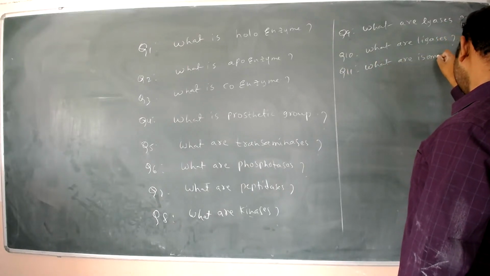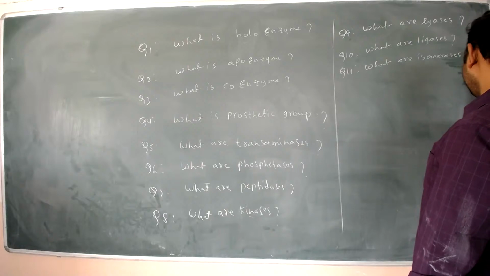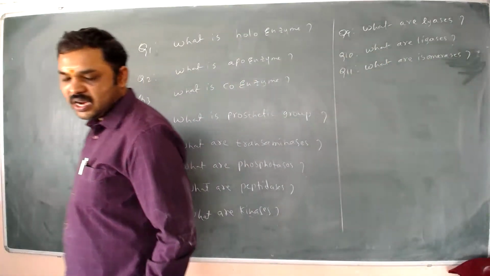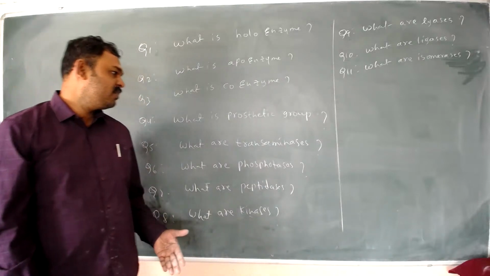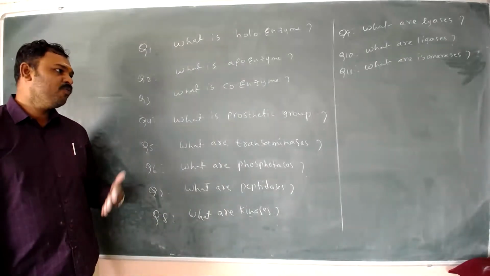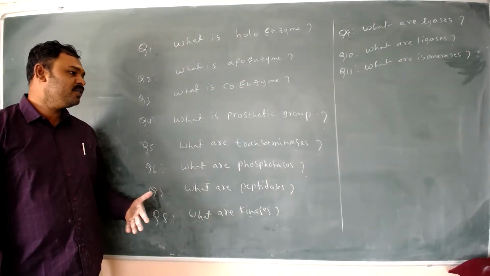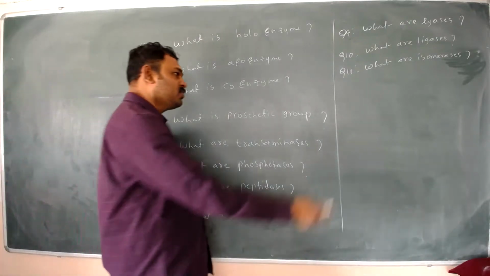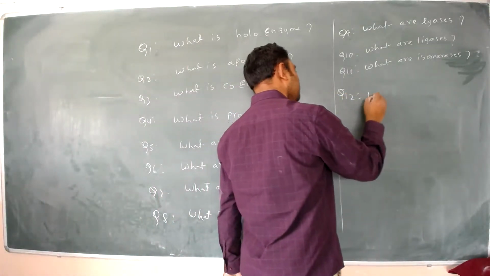Like this, these are the assignment questions on enzymes. What is prosthetic group? What is coenzyme? What is apoenzyme? What is holo enzyme? And one more thing, the last question: write some cases here.